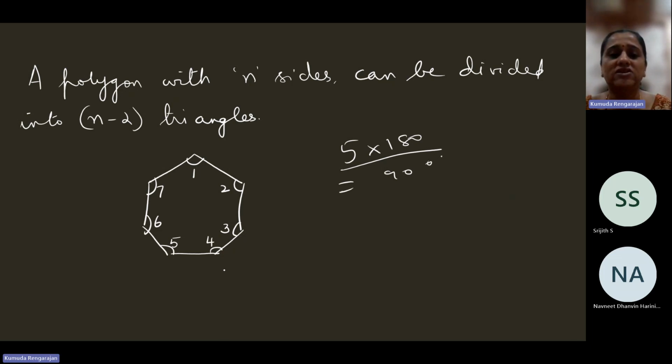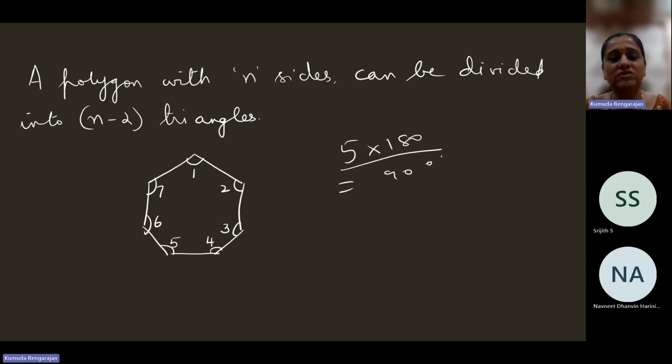Like the sum of the angles in a triangle is 180, quadrilateral 360, so like that, the angle sum property of a heptagon is 900 degrees. So remember, a polygon with n sides can be divided into n minus 2 triangles, 2 triangles less than the number of sides.